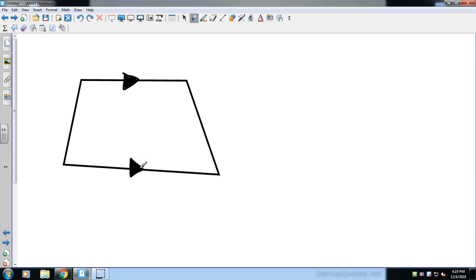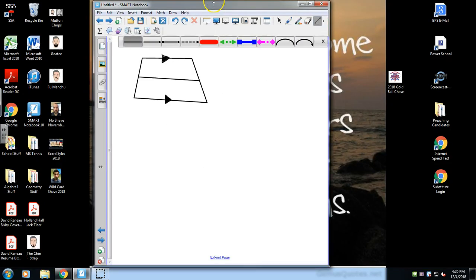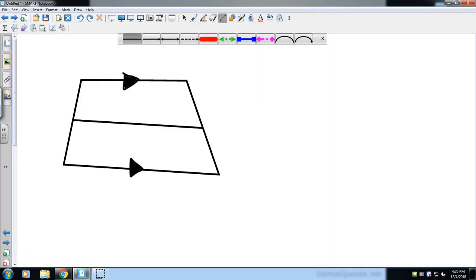And so if I were to take the midpoint of the two non-parallel sides and connect them, that would also be parallel.